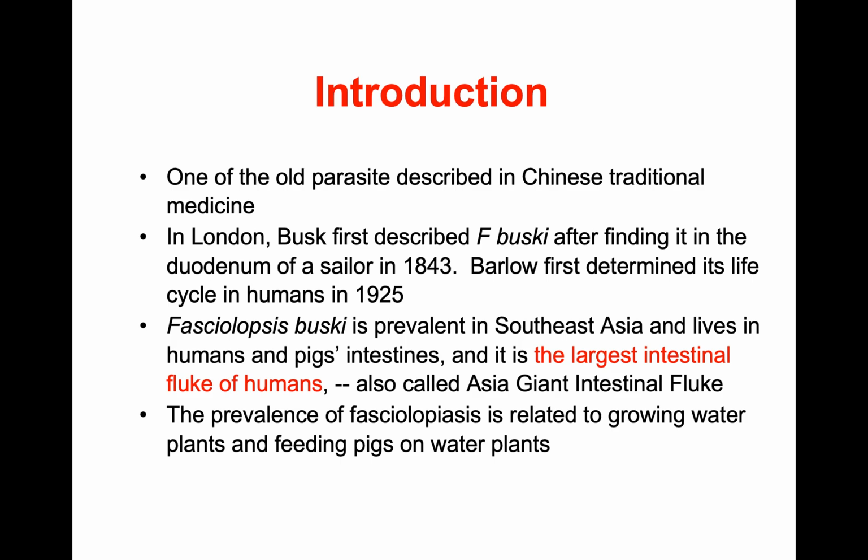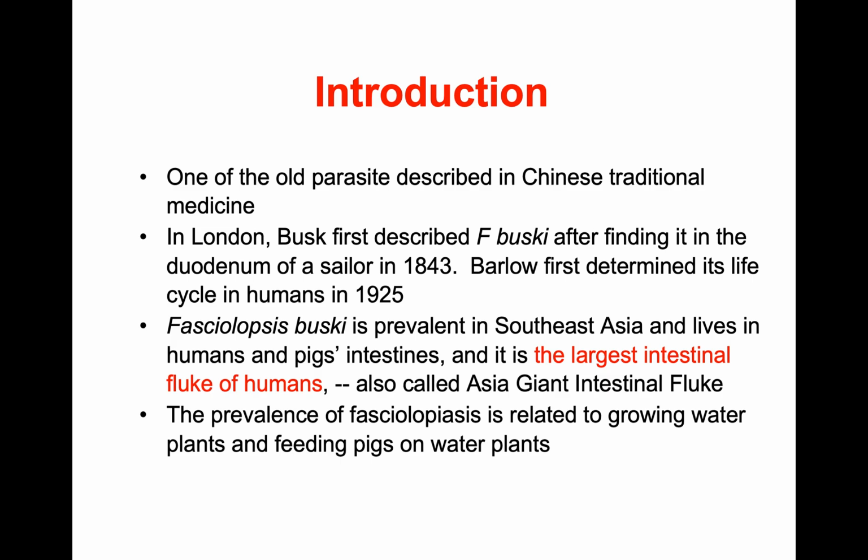So it's a very ancient parasite. This parasite is prevalent in Southeast Asia and lives in humans' and pigs' intestines, and is the largest intestinal fluke of human beings. It's also called the Asian giant intestinal fluke.